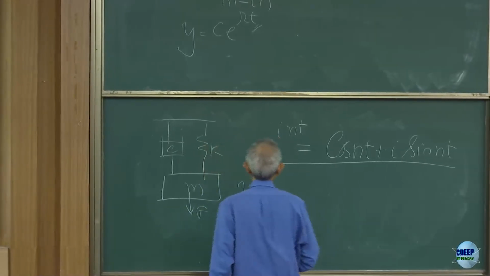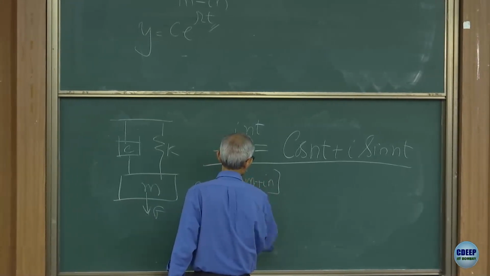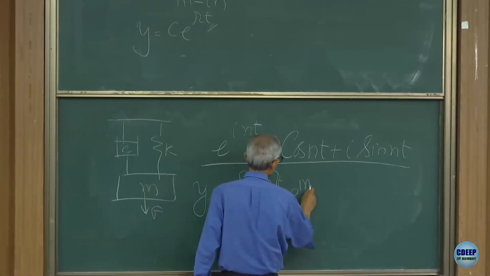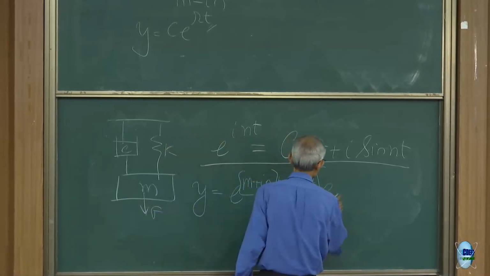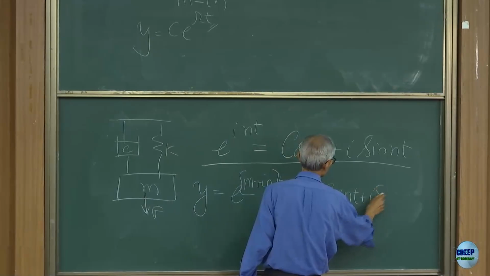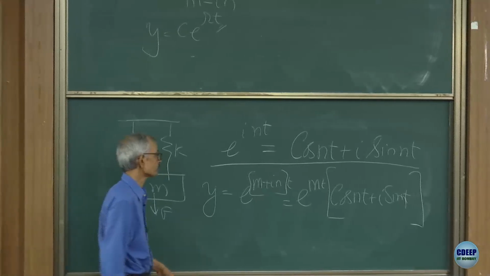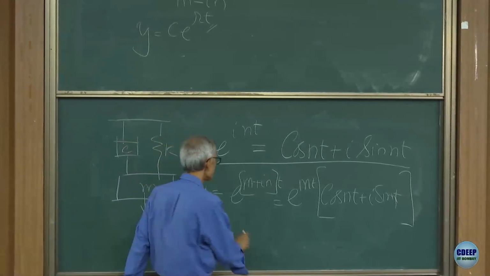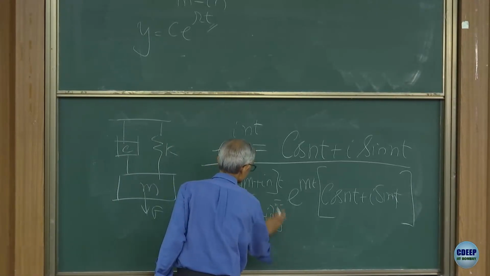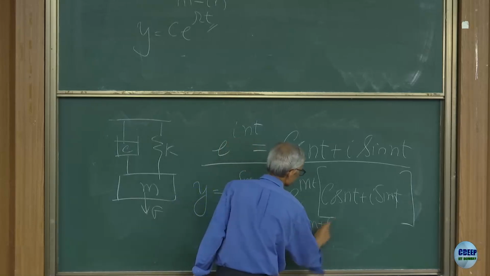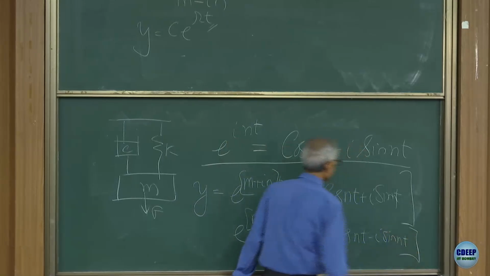So e to the power of m plus int is e to the mt times e to the int, which I put as cos nt plus i sin nt. And e to the power of m minus int is e to the mt times cos nt minus i sin nt.